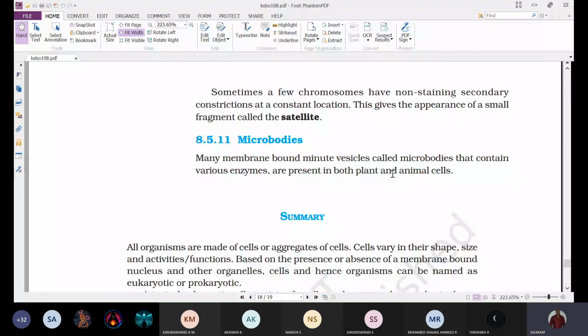Like this, we'll find small membrane-bound vesicles. These membrane-bound vesicles we call microbodies. They contain various enzymes for transportation, and they are present in both plant and animal cells. Okay, that is about the cell, the functional unit of life or the structural unit of life.